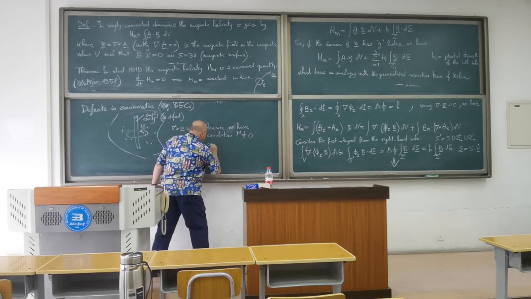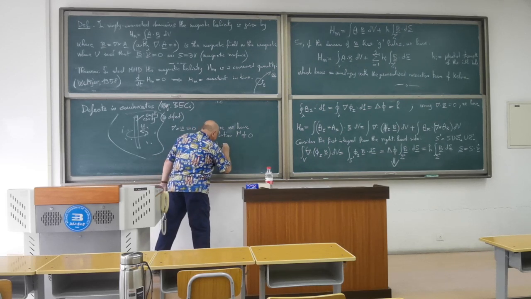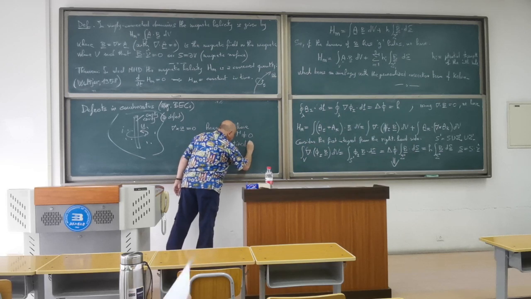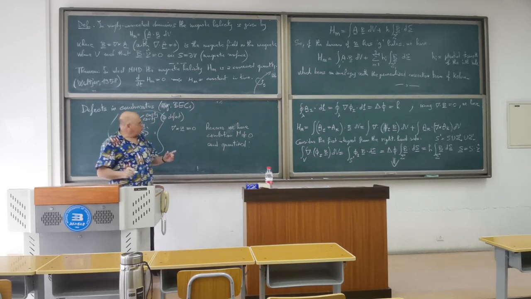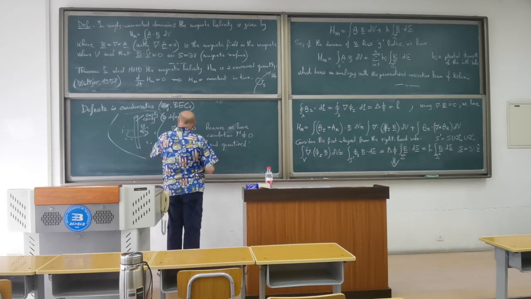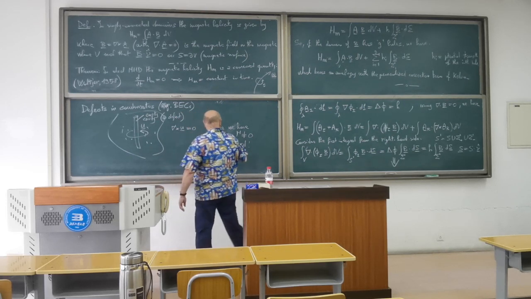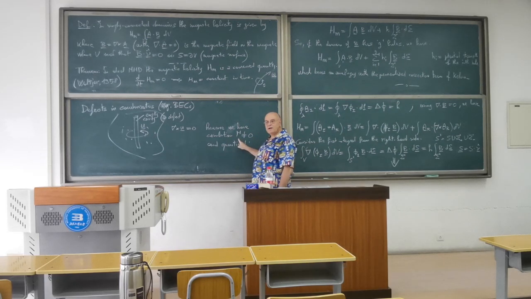And even more, it is quantized. So it's very strange. Curl of u is 0, but gamma is different from 0.